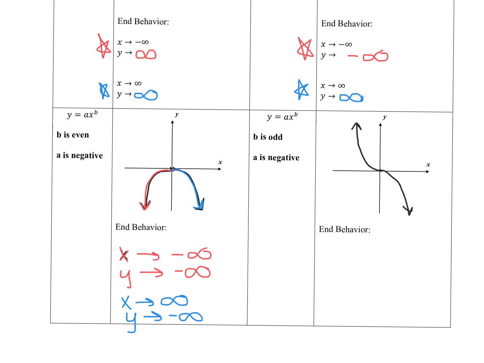So writing out our end behavior in this direction, as x is going back to negative infinity, y is going up to positive infinity. And in this direction, as x is going forward to positive infinity, y is going down to negative infinity. So they're going in opposite directions in terms of how the x and y are increasing and decreasing this time.